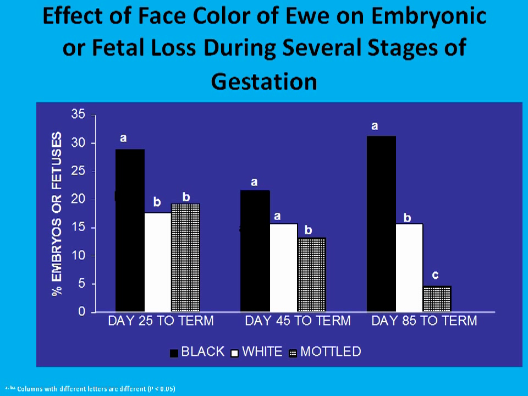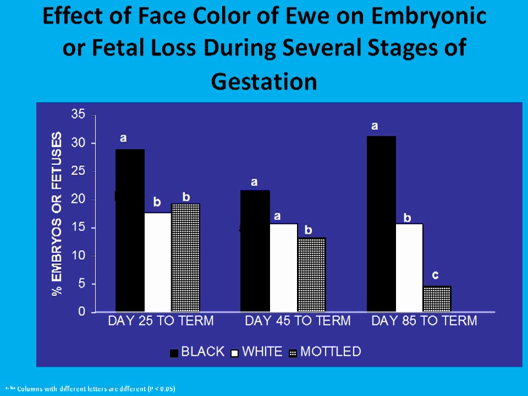Logical question. Submitted the paper about this work to the Journal of Animal Science, and one of the reviewers said the same thing. So we went back and went through the data and sorted that out, and no, that's not the case. The ovulation rates were actually higher in the white-faced and the mottle-faced ewes. So that was not the explanation for that.